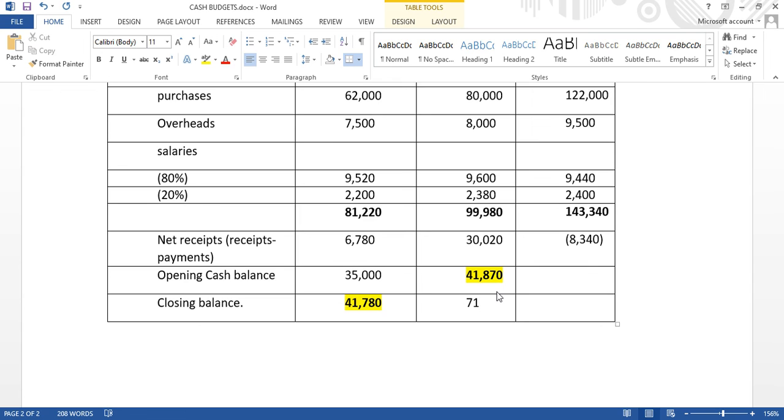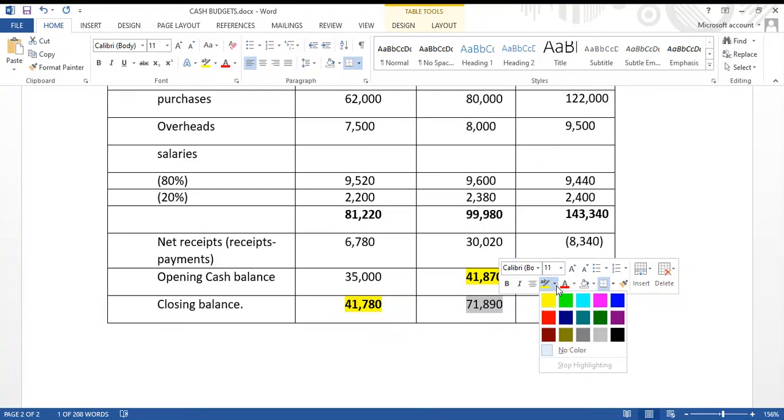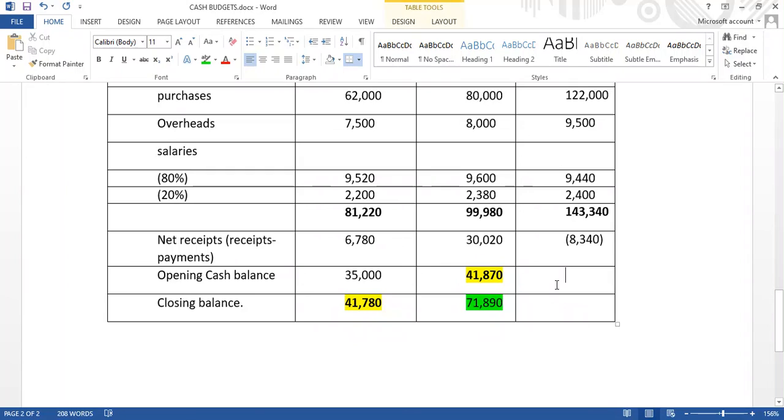We get 71,800. Right. So the closing cash balance for May will be the opening cash balance for June. So we have 71,890.